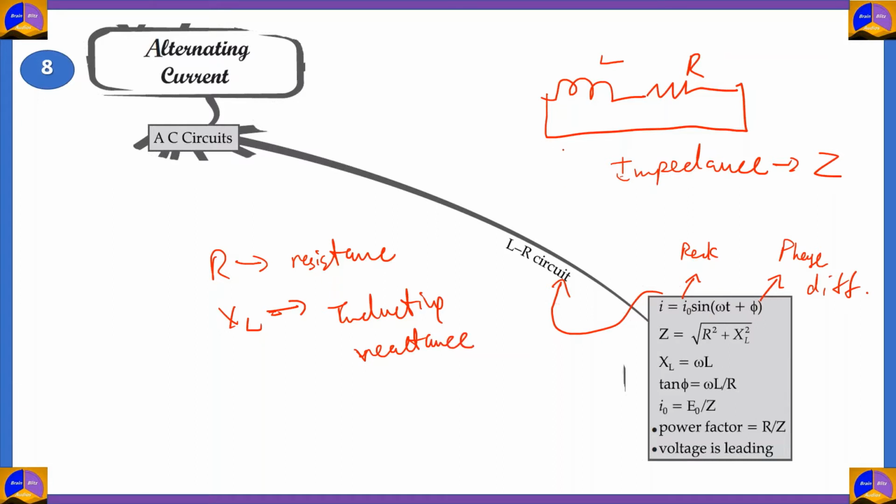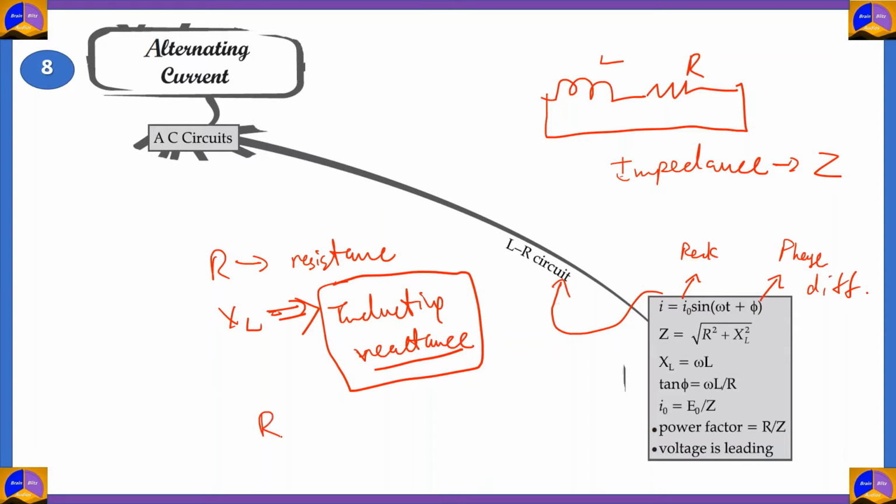If you go back to the previous part of this video, you know that both inductors and capacitors don't have any resistance. However, they have a sort of hindrance to the alternating current that passes through them. And this hindrance is known as reactance. So when an inductor with a self-inductance L does this, the hindrance we get is known as XL, and it's called inductive reactance.